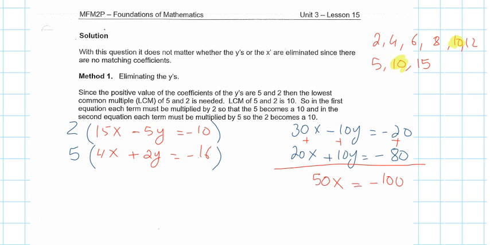Are we okay with that so far? Now, how do I isolate for x? I divide by 50, so that becomes negative 2.